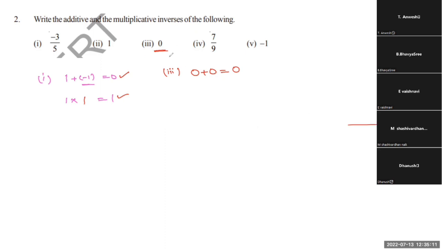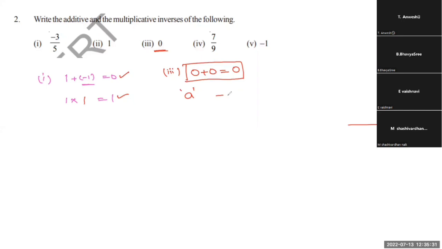But we can say that the additive identity for all numbers is 0. Additive identity is 0. But what about additive inverse? Additive inverse is nothing but, for any rational number a, there exists a negative rational number. But unfortunately, 0 is a whole number that is neither positive nor negative.